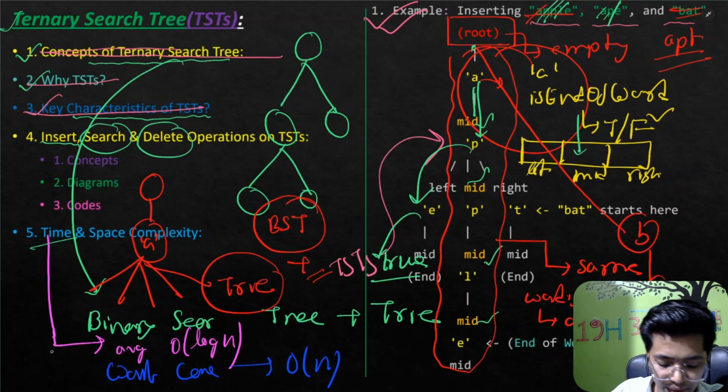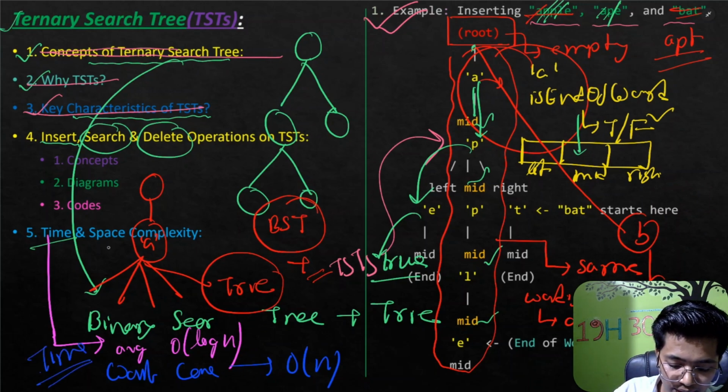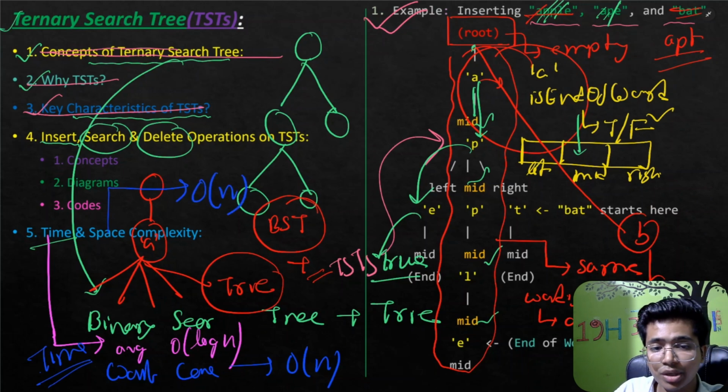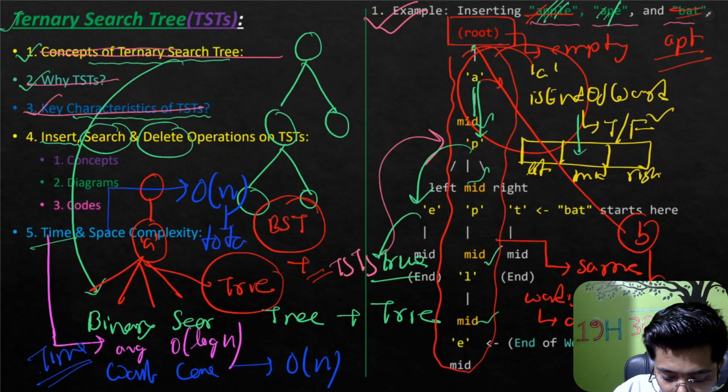So this is the time complexity. Whereas the space complexity is always big O of n, where n is the total number of characters.